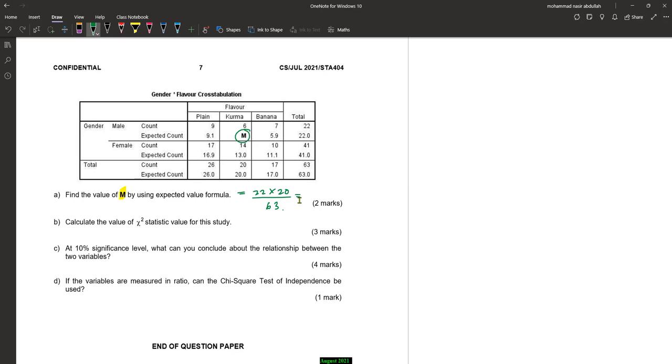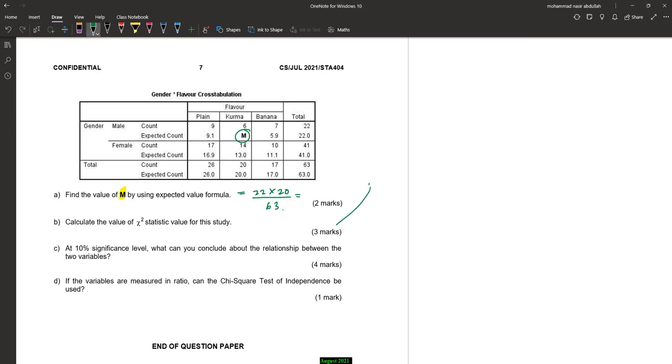So this is the value of M. Very simple, right? So the first one is simple. The second one is a bit hard to calculate, but the value is there already.